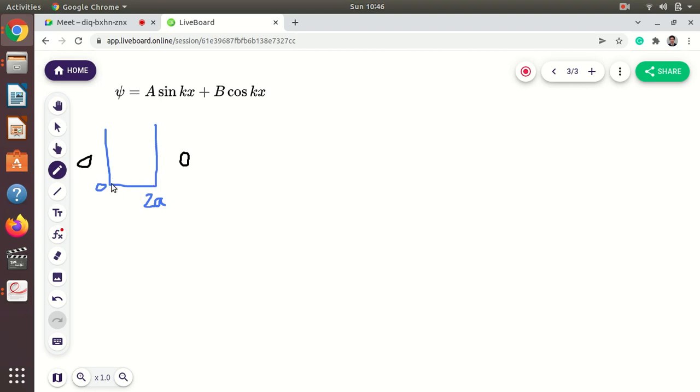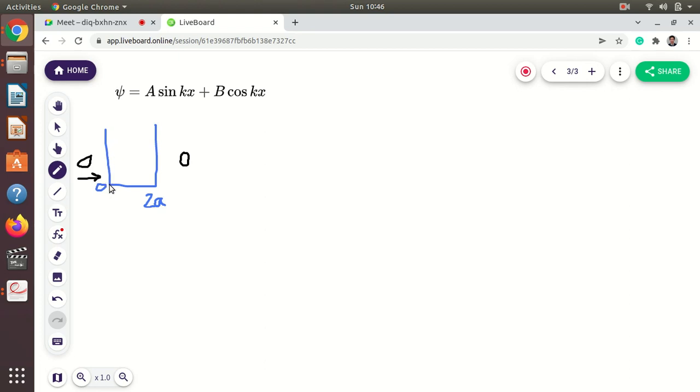Okay, now we have the condition for a true wave function, that the wave function must be continuous, right? Continuous means at every point it will have the same value. So if I am traveling from the left side to the right side, I am getting the value 0 at this point, so it should not suddenly jump to any other value.